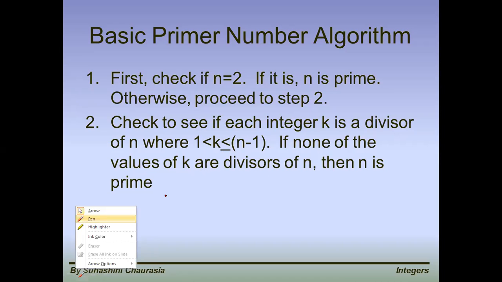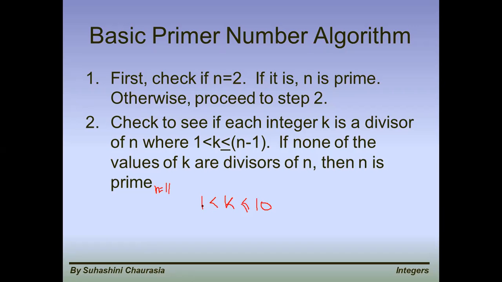Means suppose I would like to check whether 11 is a prime number or not, so I'll check the divisibility for k greater than 1 and k less than or equal to n minus 1. This is my n. What is n minus 1? It is 11 minus 1, which is 10.